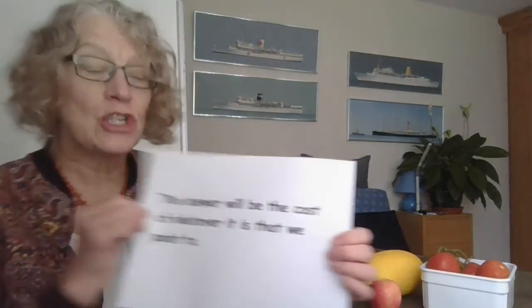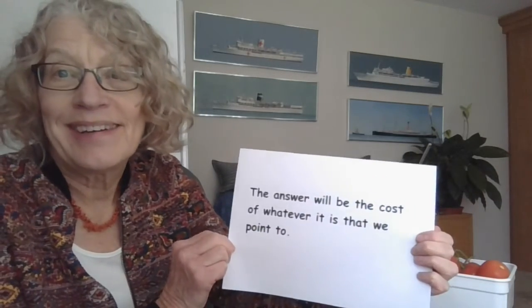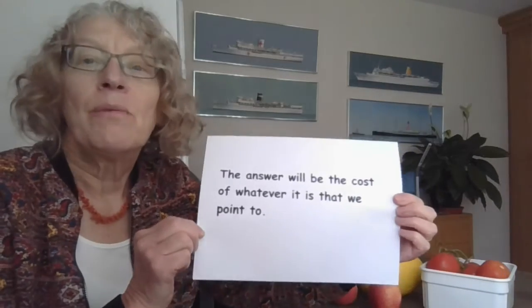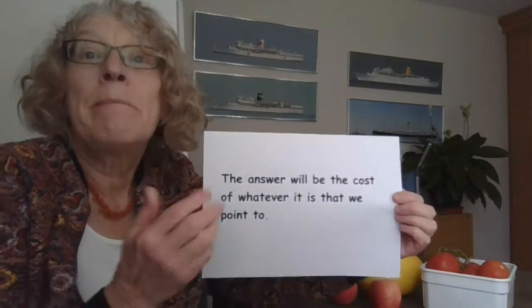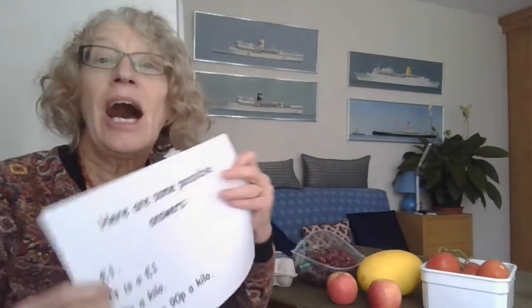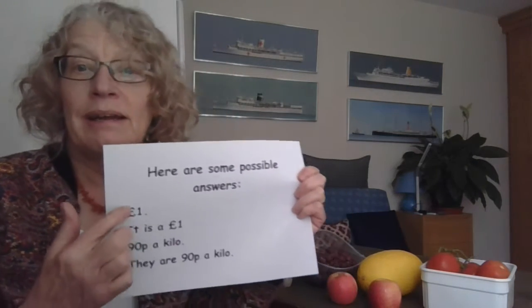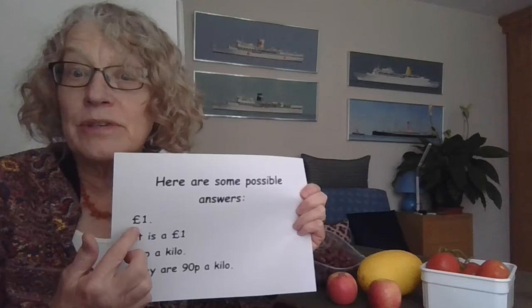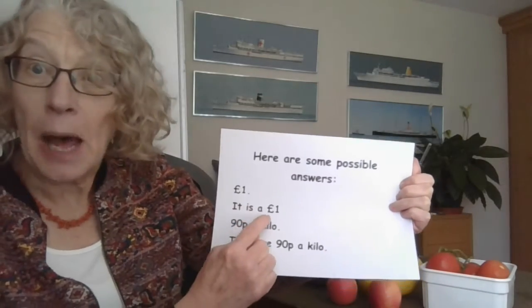And then the answer to those questions will be the cost of whatever it is that we've pointed to. So the answer will be the answer to how much. It'll be the money that it costs. So here are some possible answers. If you say how much, you might get the answer £1. Or you might get the answer, it is £1.